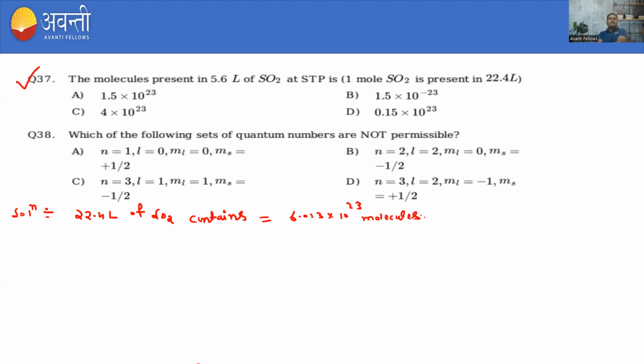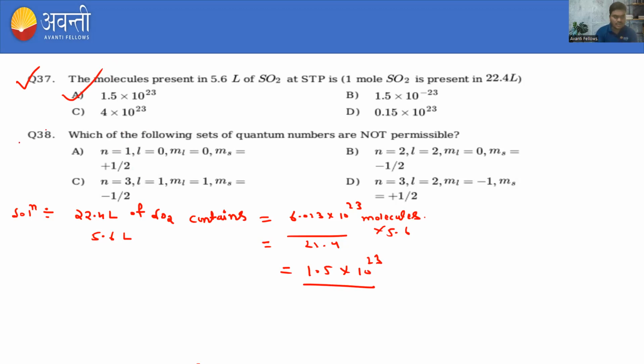That is, 22.4 liter of SO2 contains 6.023 into 10 to the power 23 molecules. So we know how to calculate for 5.6 liter: divide by 22.4 and multiply by 5.6. On solving, what you'll get is 1.5 into 10 to the power 23. So which option is correct, beta? Yes, that is option number E. It is absolutely correct, right? That is 1.5 into this.